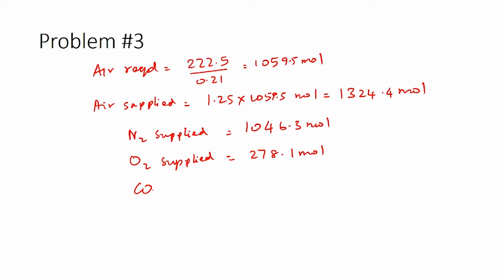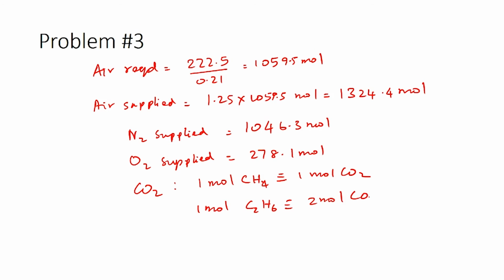So, to calculate the moles of carbon dioxide, we will use the stoichiometry: 1 mole of methane produces 1 mole of carbon dioxide, 1 mole of ethane produces 2 moles of carbon dioxide, and 1 mole of propane produces 3 moles of carbon dioxide.